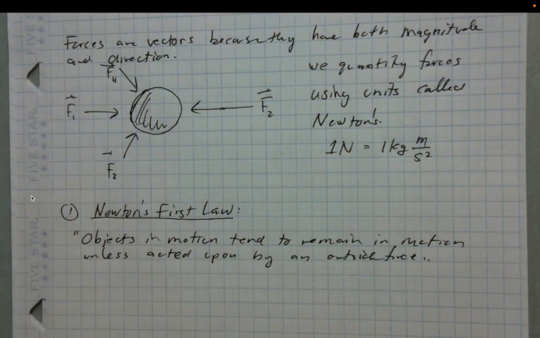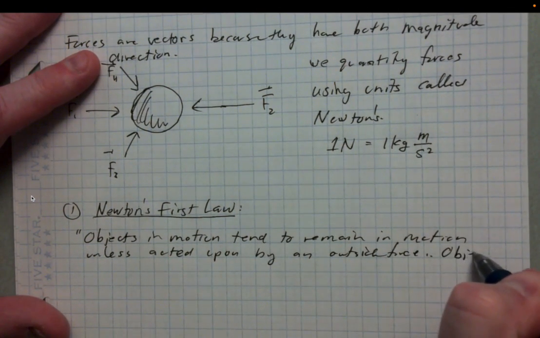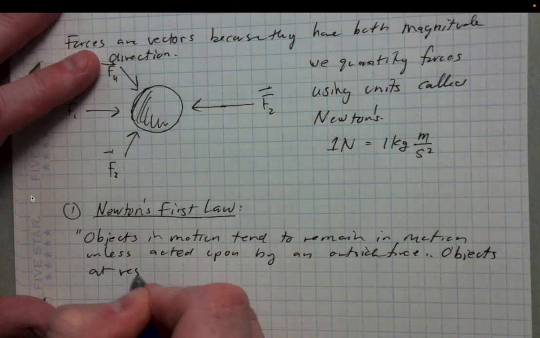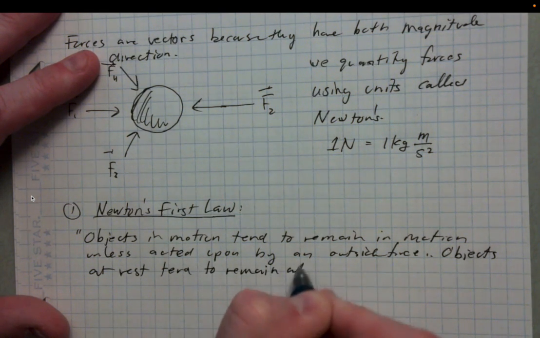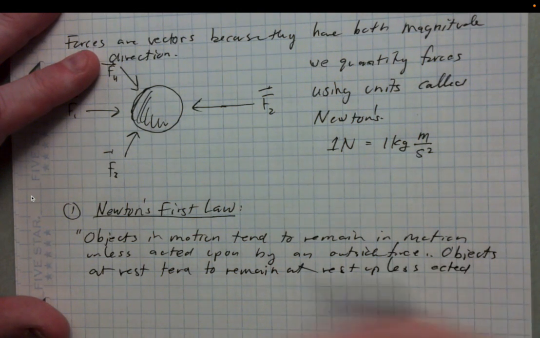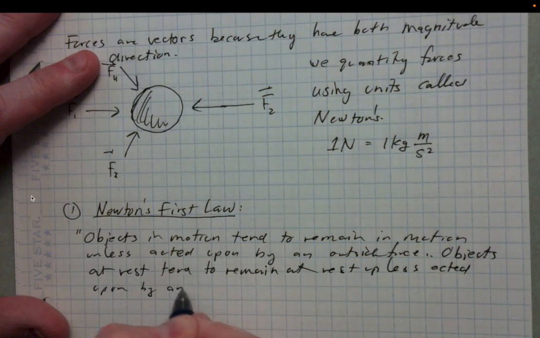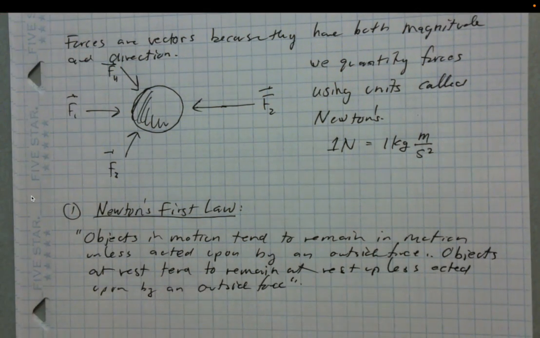And it also says that objects at rest tend to remain at rest unless acted upon by an outside force. Okay, so this is kind of the common language that's used to describe Newton's first law.